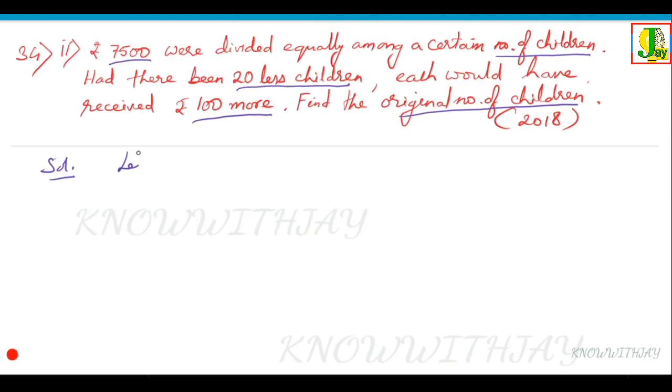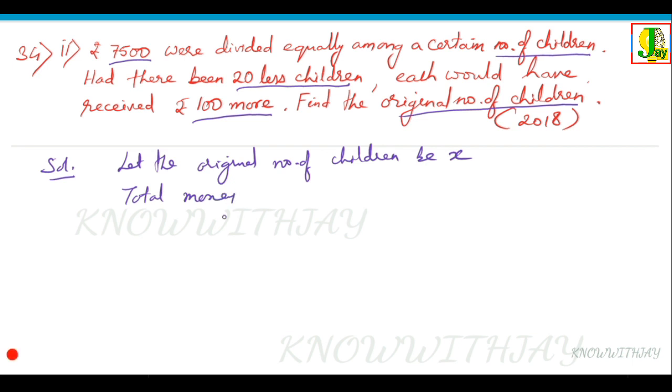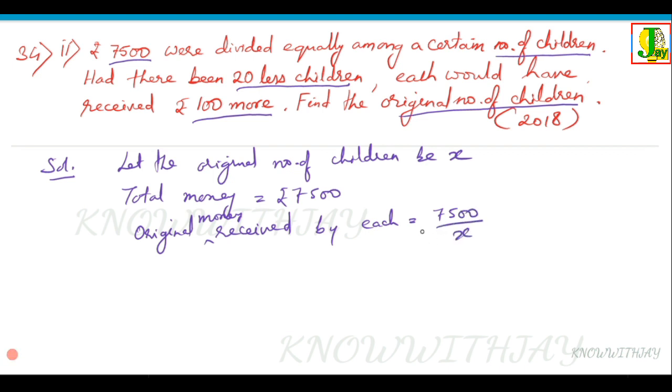It's rupees 100. Let the original number of children be x. So the total money equals 7,500 rupees. The original money received by each equals 7,500 by x rupees.